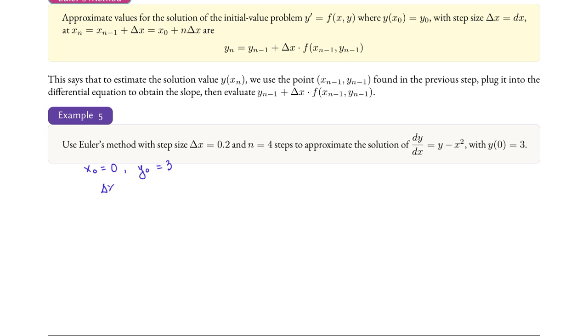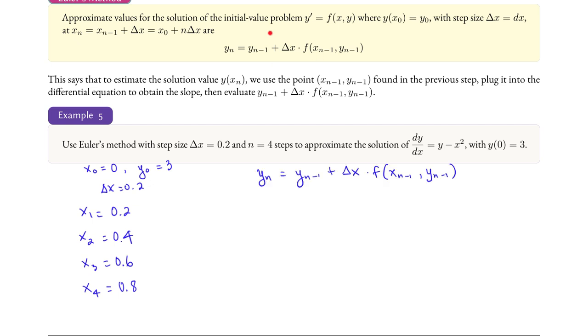Since delta x is 0.2, x sub 1 is 0 plus 0.2, which is 0.2. x sub 2 is 0.2 plus another 0.2, so it is 0.4. x sub 3 is 0.6 and x sub 4 is 0.8. Each of these has an increment of 0.2, which is the delta x.